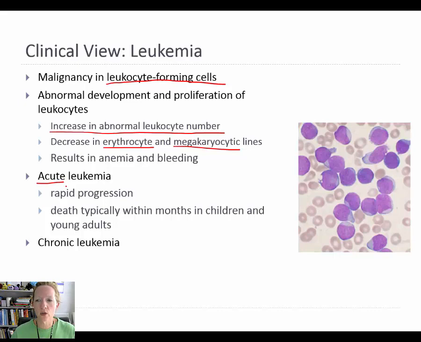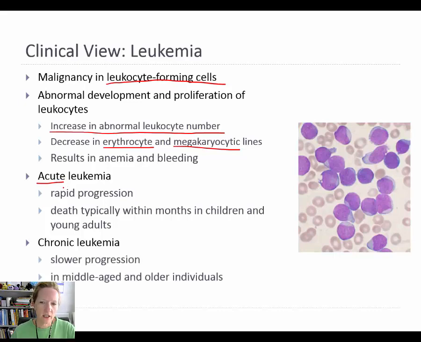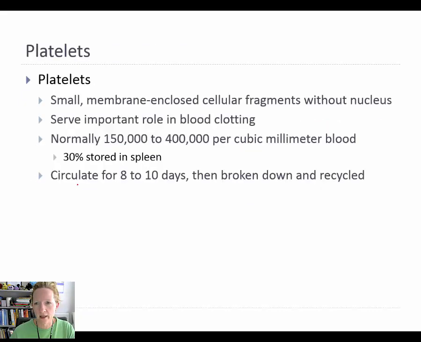It can occur very quickly if it's children or young adults. And then chronic leukemia is a slower progression, and this is going to occur more in middle-aged or older adults. But with both of these leukemias, acute and chronic, you get the symptoms like anemia, chronic infections, and bleeding disorders.